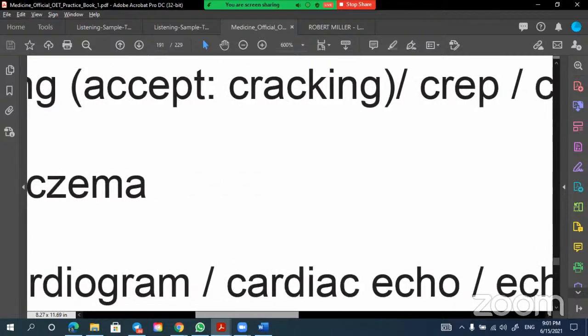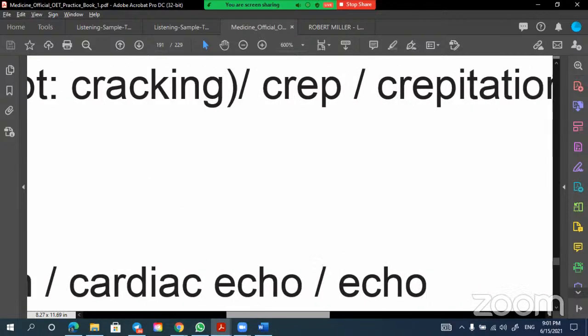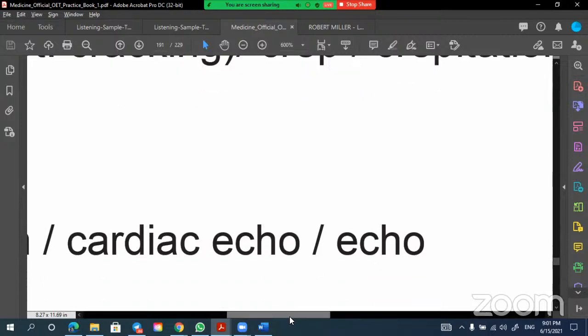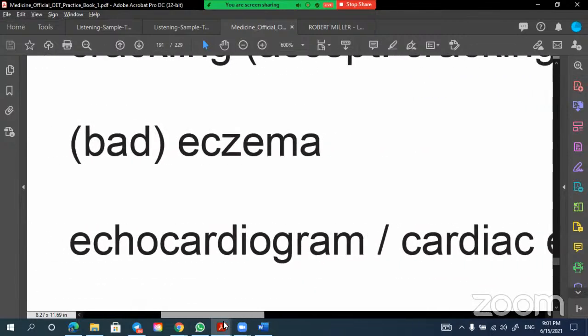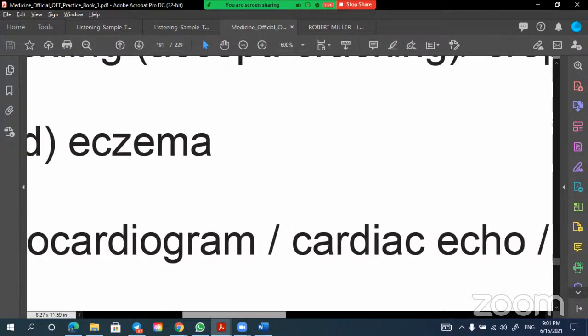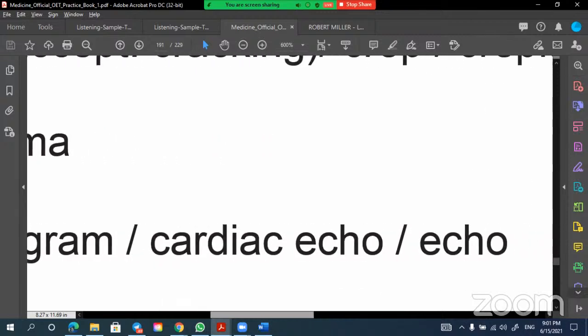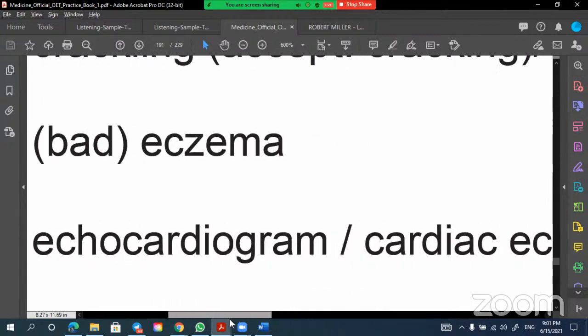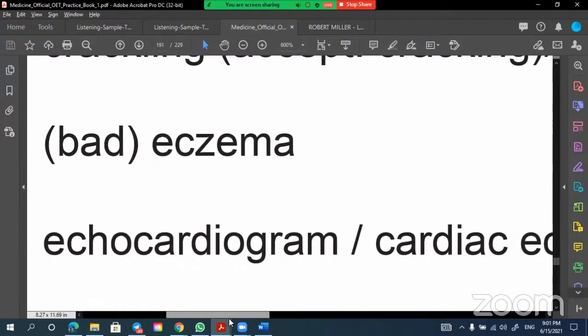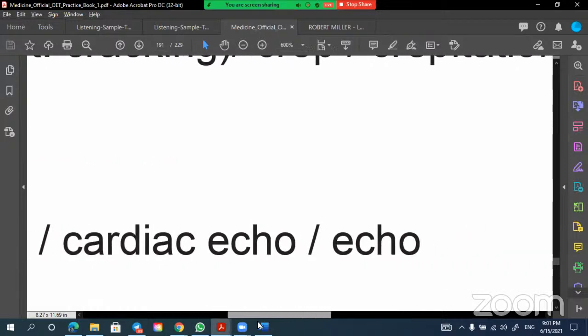Number 10: echocardiogram or cardiac echo or just echo? Anything is okay. Echo means echocardiogram.